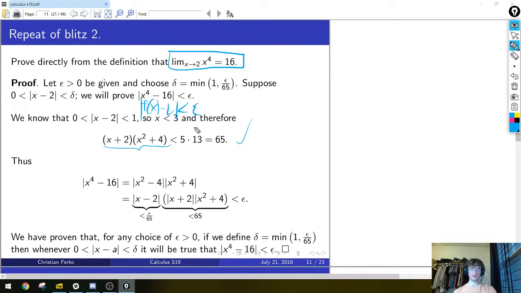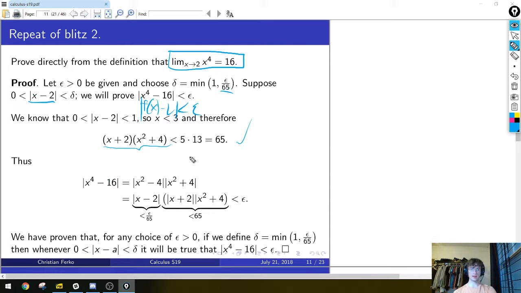Then we use the second restriction, that also absolute value of x minus 2 is less than epsilon over 65. And to use that, we factor this expression, which we want to show is less than epsilon. So this thing is x squared minus 4 times x squared plus 4, which is x minus 2 times x plus 2 times x squared plus 4.